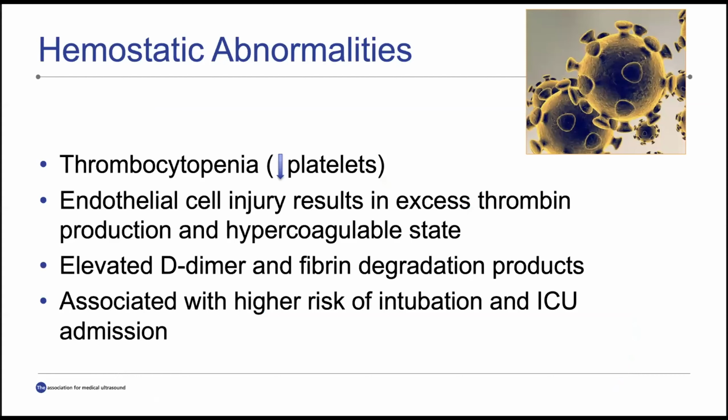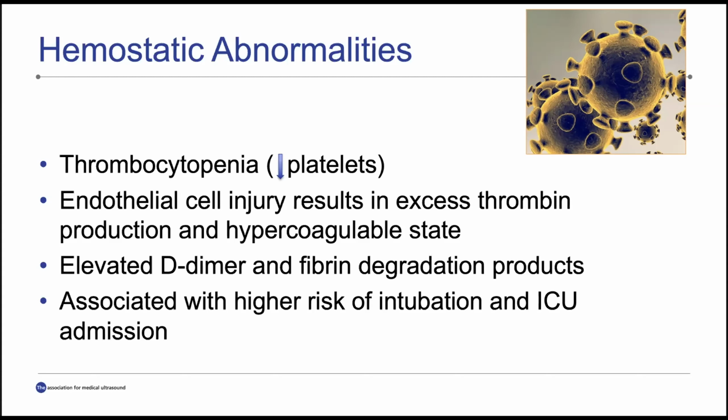So the hemostatic abnormalities that we see were related to a number of factors. We saw that there was a decrease in platelets, right? Thrombocytopenia is going to be related to increased bleeding. And then, of course, we had the endothelial cell injury related to invasion by the COVID-19 virus, which would result in excess thrombin production and increased clotting in a hypercoagulable state.